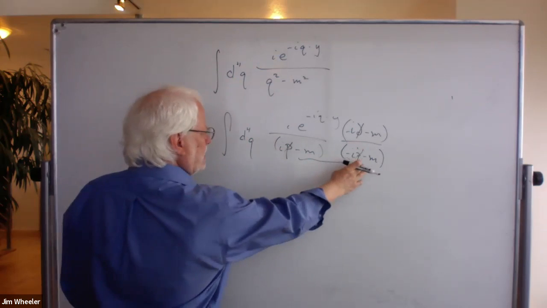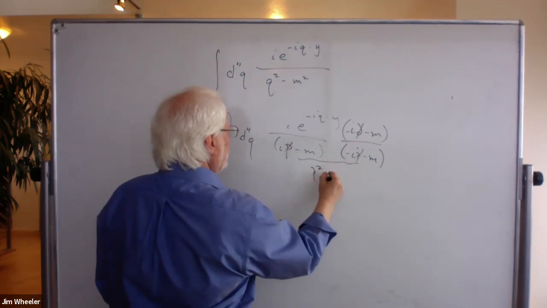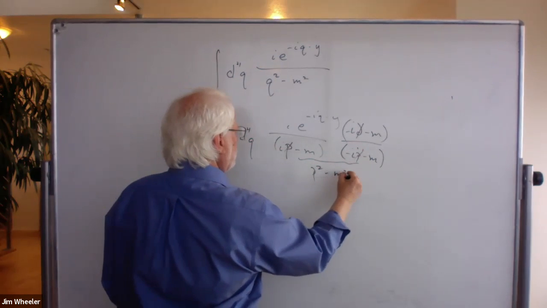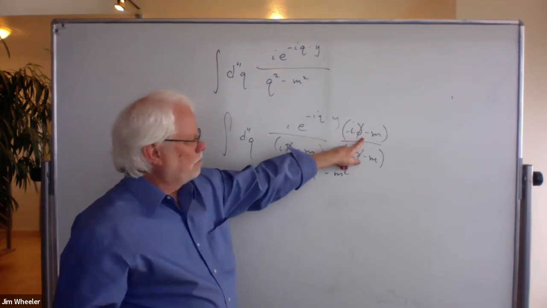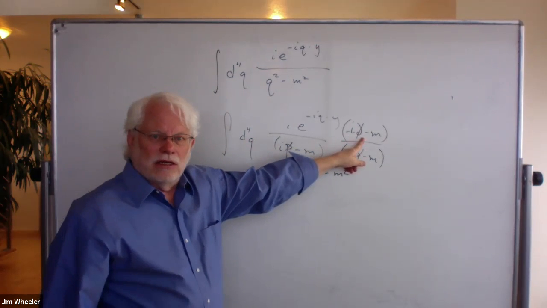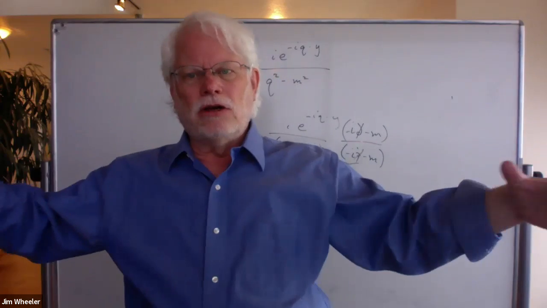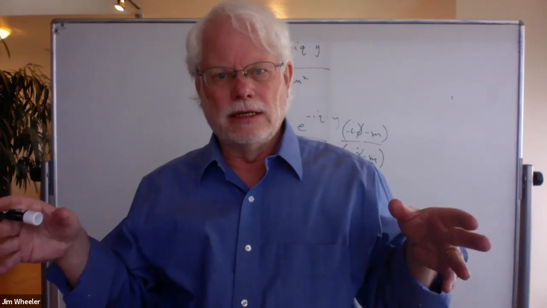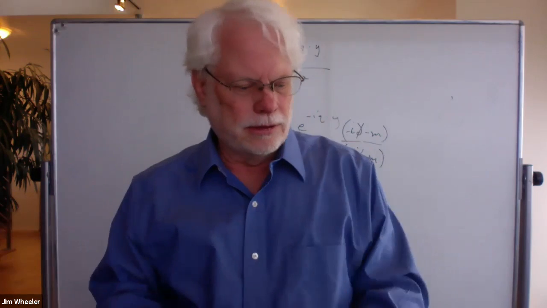I'm not necessarily being careful with signs, but this is just going to give you p squared minus m squared in the denominator and puts the gamma matrix in the numerator. So when we have this long line of integrals, we're also going to have a long product of gamma matrices. And so that'll be the main new feature that comes from the Dirac equation.